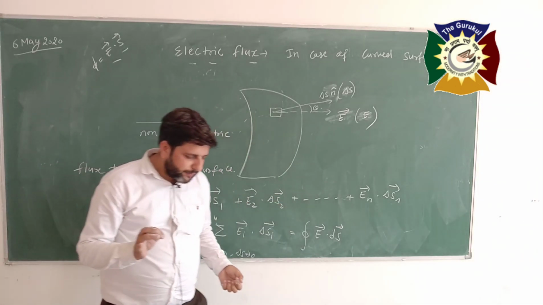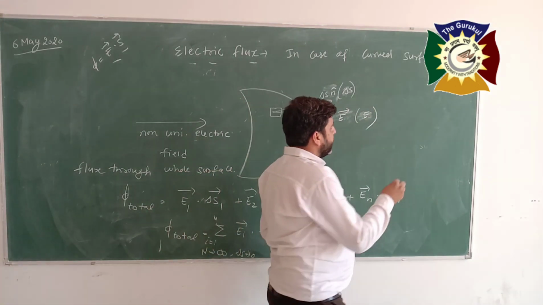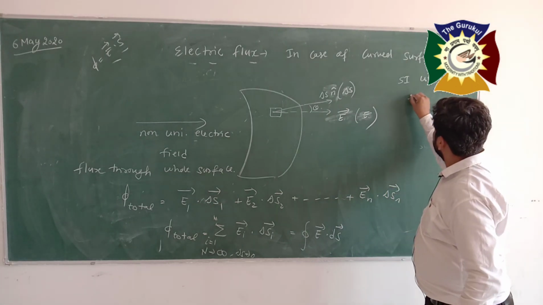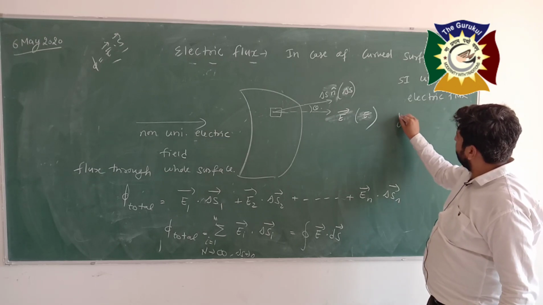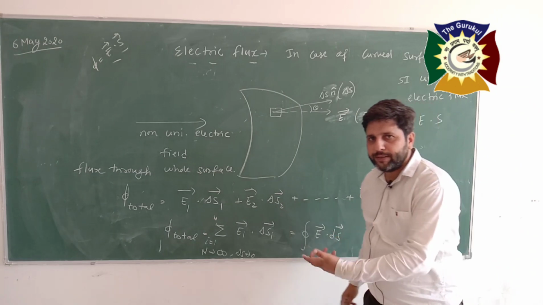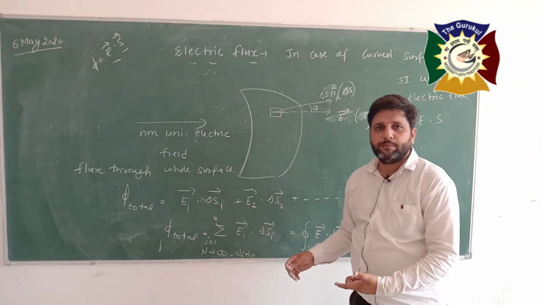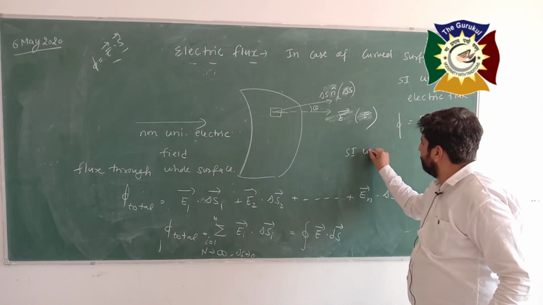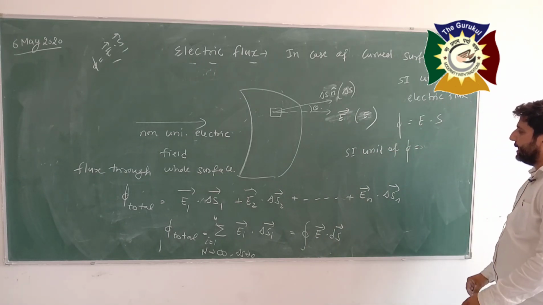Now beta, last point, very small point, what is the SI unit of electric flux? You have to write in your fair notebook the SI unit of electric flux. Now you know the formula of electric flux is, by dimension, E into S. I have told you in the last topic, E into S into cos theta, but cos theta has no dimension. Now what is the SI unit of flux? SI unit of phi is equal to, what is the unit of E?